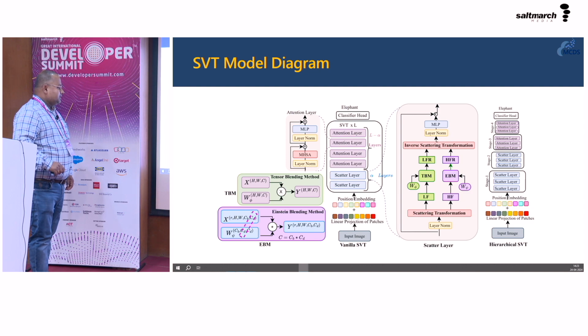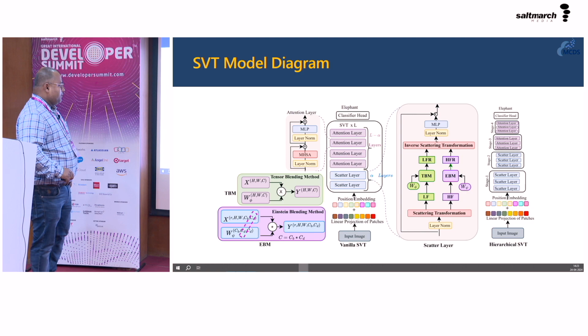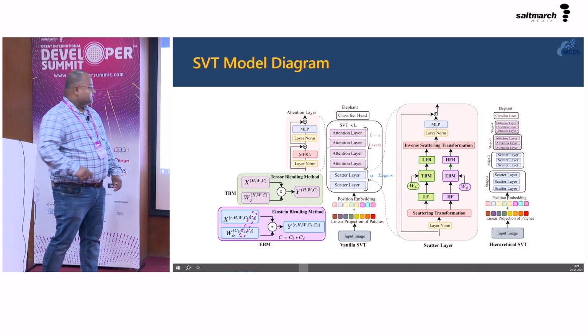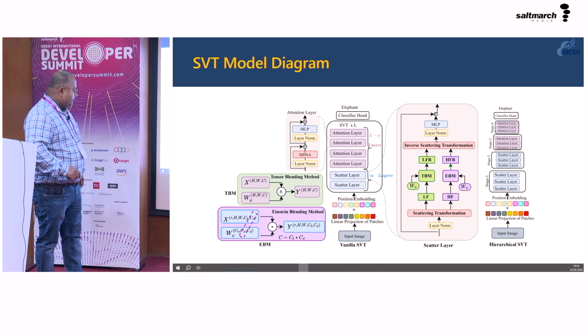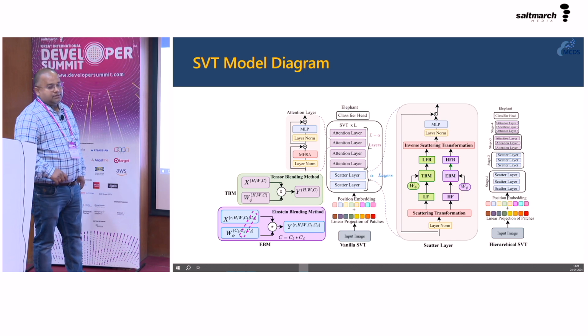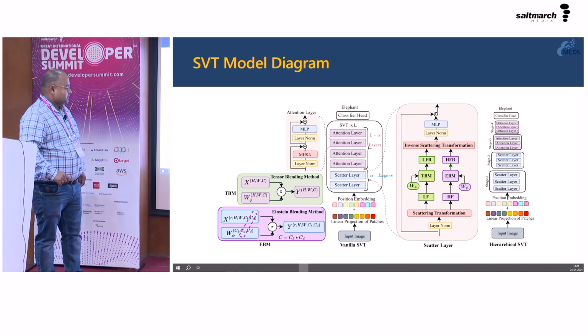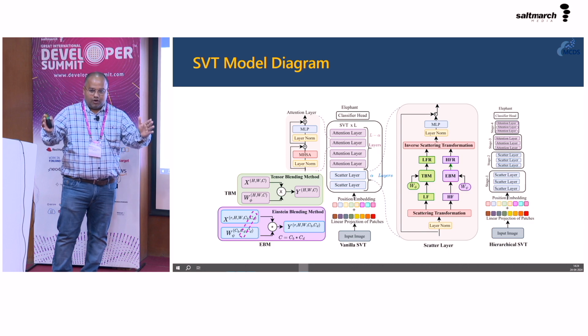The Einstein blending method is an Einstein matrix multiplication, a kind of matrix multiplication that can reduce the computation. Instead of a complete multiplication of CD cross CD, it requires far less computation. The complete multiplication has a computational cost of X plus W plus CD, right?